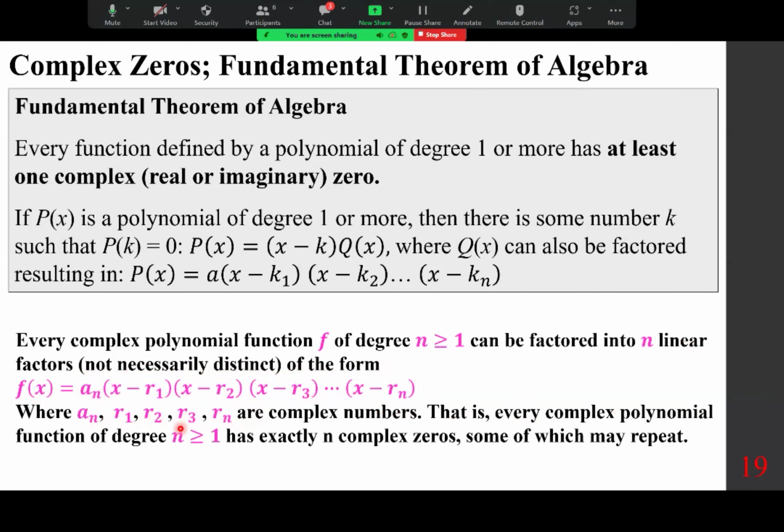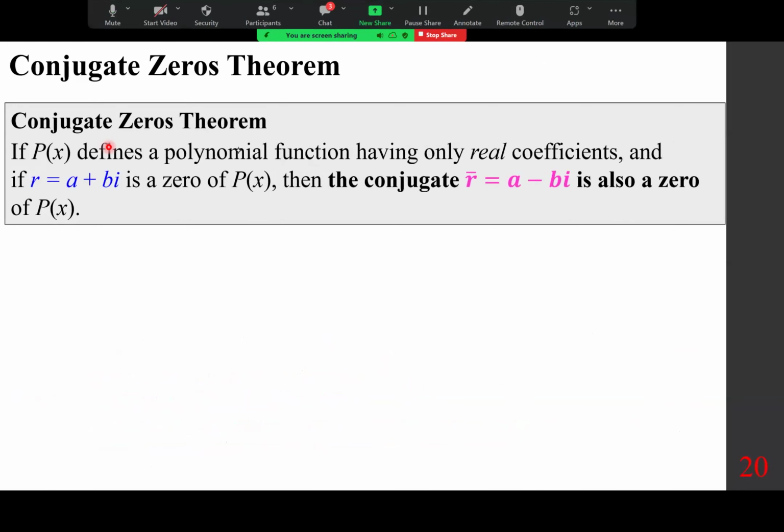That is, every complex polynomial function of degree n larger than or equal to 1 has exactly n complex zeros, some of which may repeat. Remember, the multiplicity counts. Conjugate zero theorem: if P of x defines a polynomial function having only real coefficients, and if r equals a plus bi is a zero of P of x, then the conjugate, r bar equals a minus bi, is also a zero of P of x.